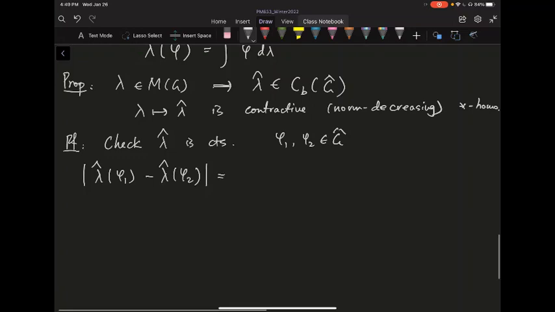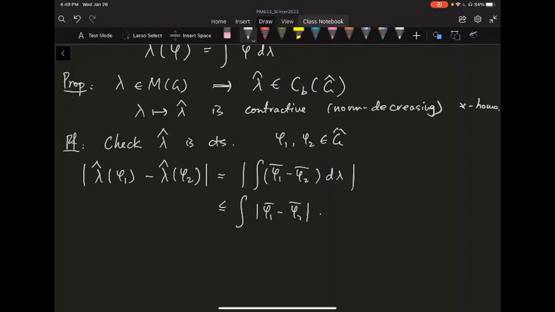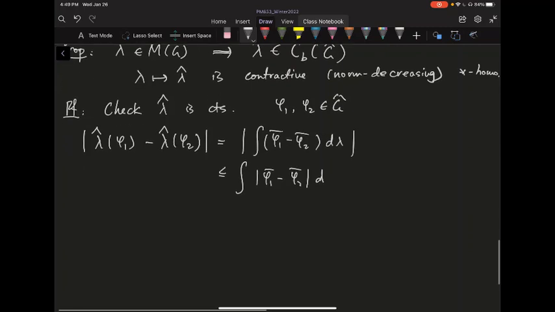By definition, this is equal to the integral of phi1 bar minus phi2 bar, integrated against your measure lambda. And of course, this is less than or equal to the integral of the absolute value of phi1 bar minus phi2 bar. Your lambda may be a signed measure, also a complex signed measure.